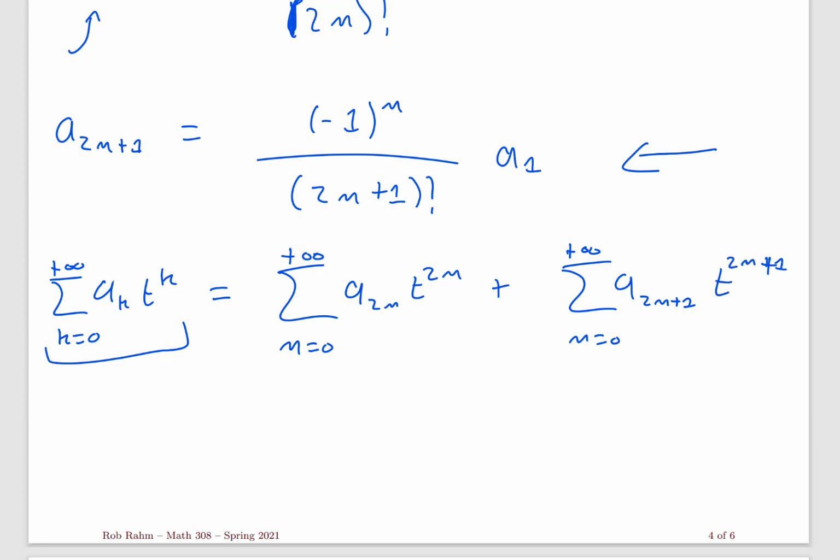And now we're just going to plug in our expressions for these coefficients. So this is going to be the sum, n equals 0 to positive infinity. Okay, what is a2n?